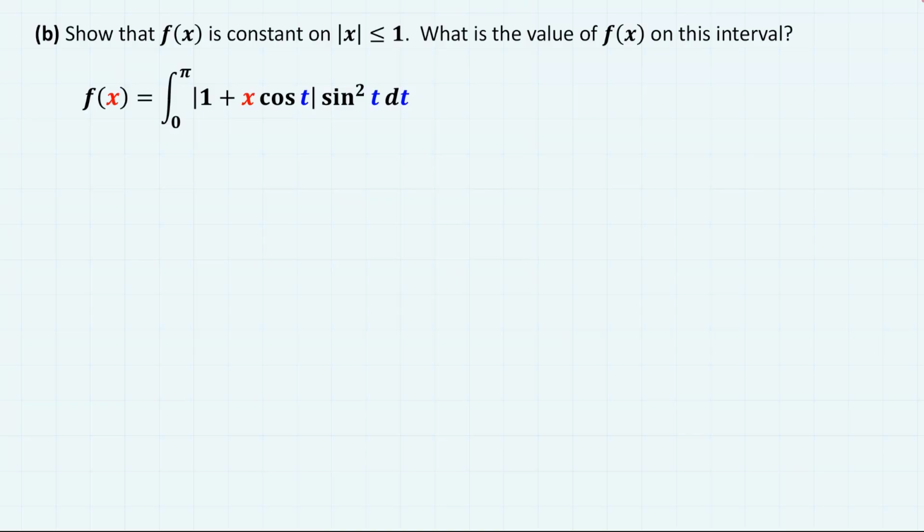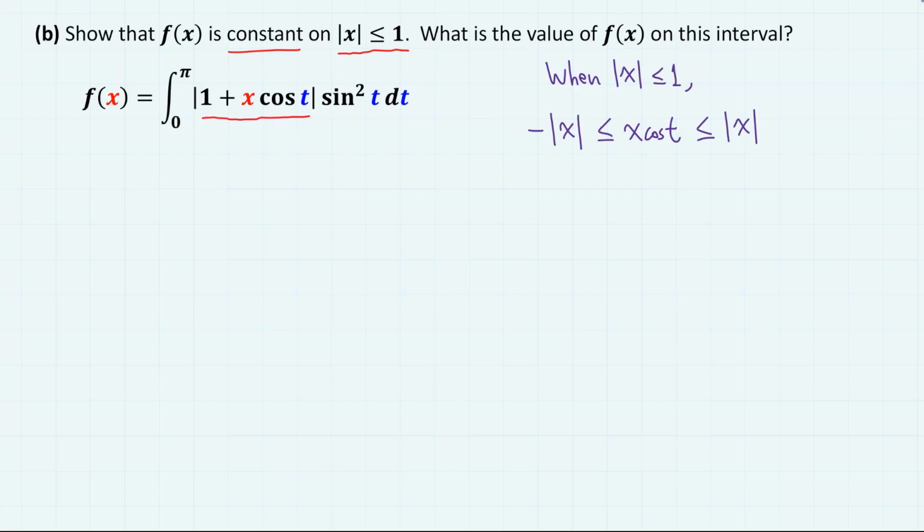Next, showing that f of x is constant on the interval absolute value of x less than or equal to 1. We need to investigate the sign of the expression inside the absolute value. Notice that when the absolute value of x is less than or equal to 1, then x cosine t is less than or equal to the absolute value of x and greater than or equal to minus the absolute value of x.